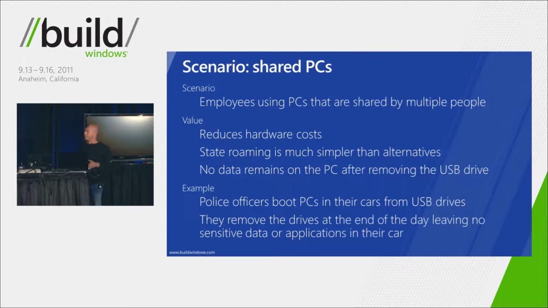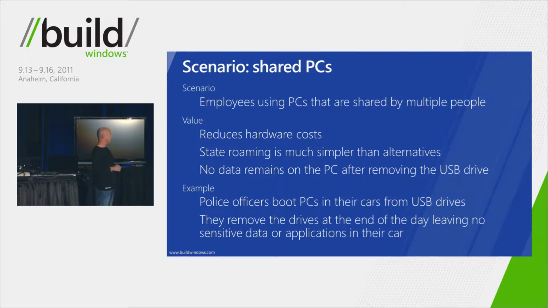The last scenario that I'll talk briefly about, shared PCs. This actually has some really cool underlying scenarios that we heard about firsthand. So the idea here is that you've got machines that are shared among a number of different individuals, and you'll see this in hoteling scenarios where organizations will set up satellite offices and people can come in and use those for the day.